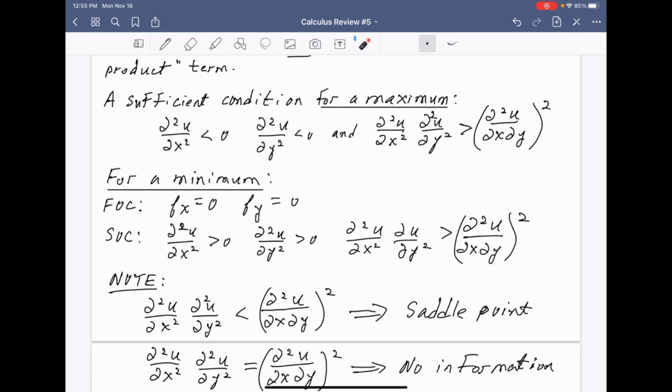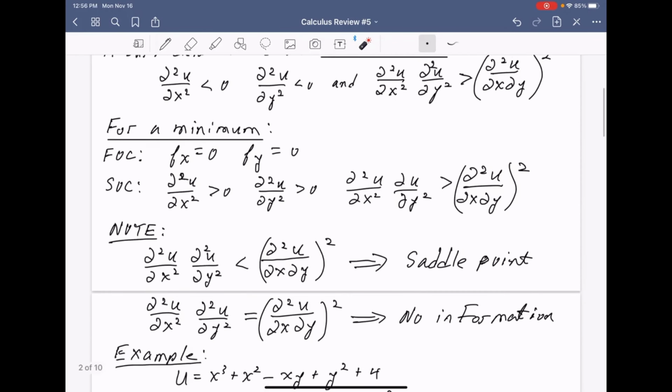And we have the same condition as for a maximum: this second derivative with respect to x multiplied by the second derivative with respect to y has to exceed the second partial derivative of the utility function with respect to x and y, squared.